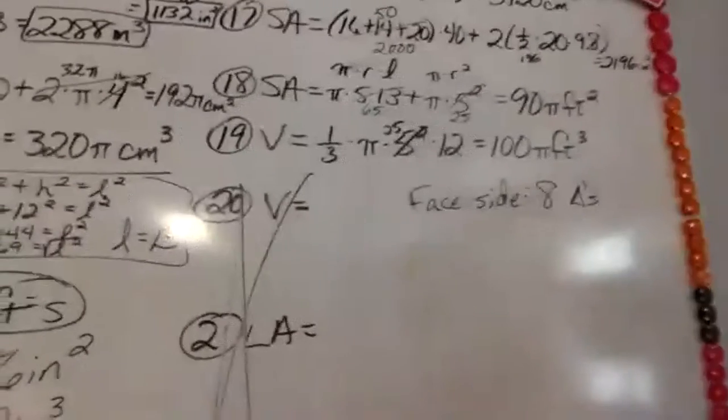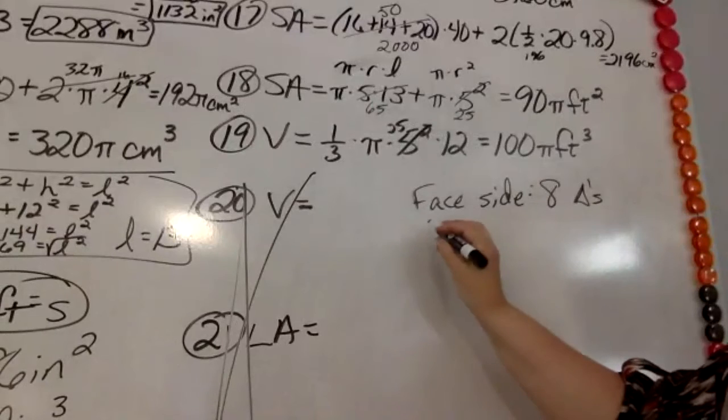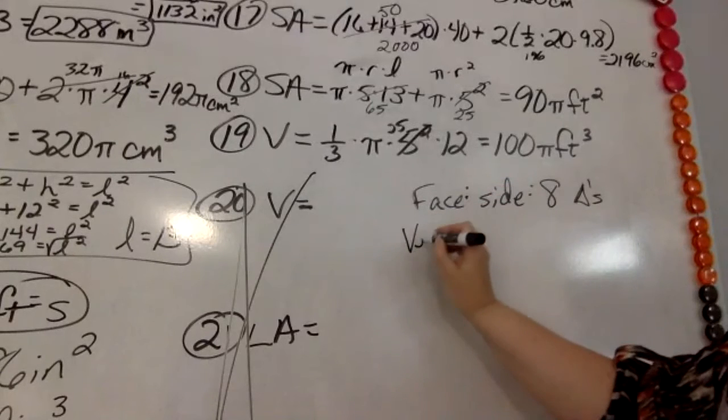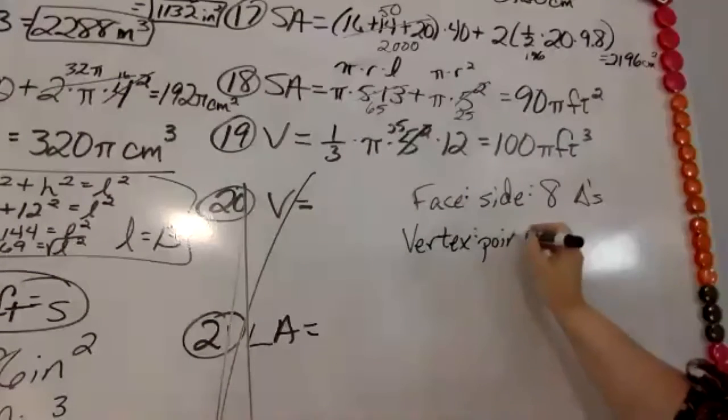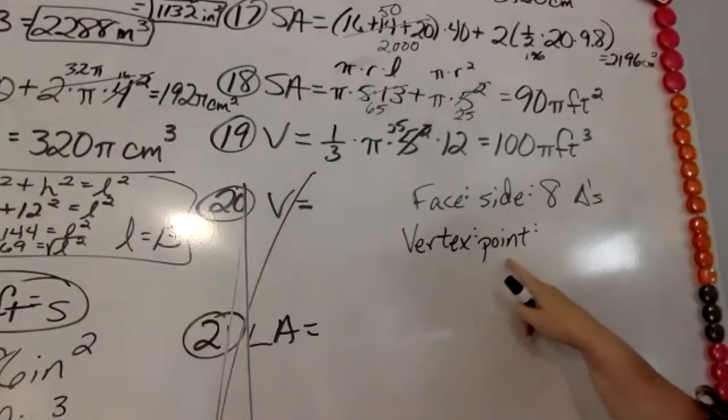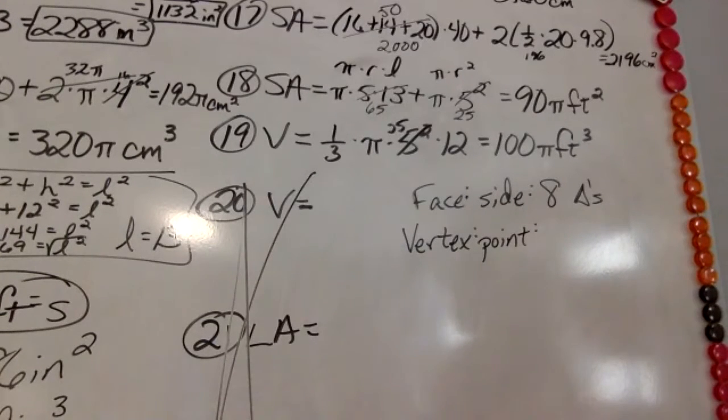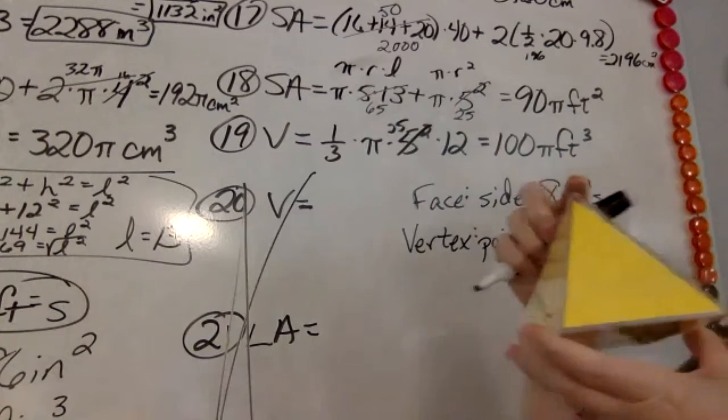Now if I'm talking about a vertex, what is a vertex? The vertex is a point, right? So it's the corners.